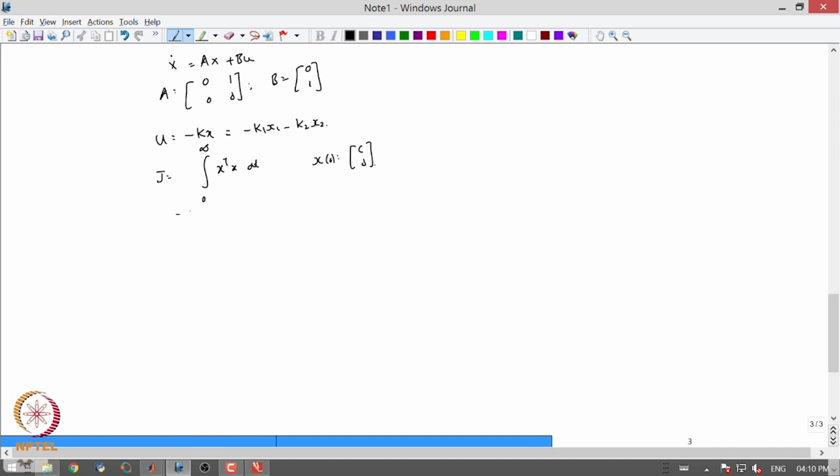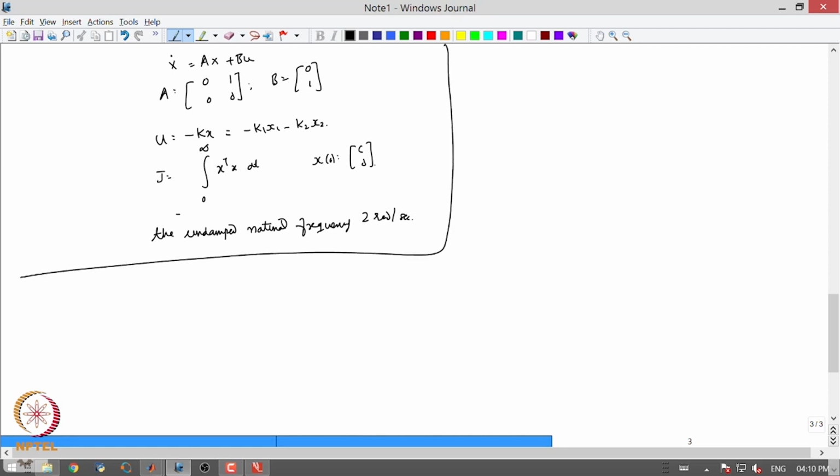Now, I want to minimize this cost function with the undamped natural frequency to be 2 radians per second, right. Okay. So, this is my problem statement, right. So, what is an appropriate u that will minimize this function and also place the closed loop pole such that the undamped natural frequency is 2 radians per second.